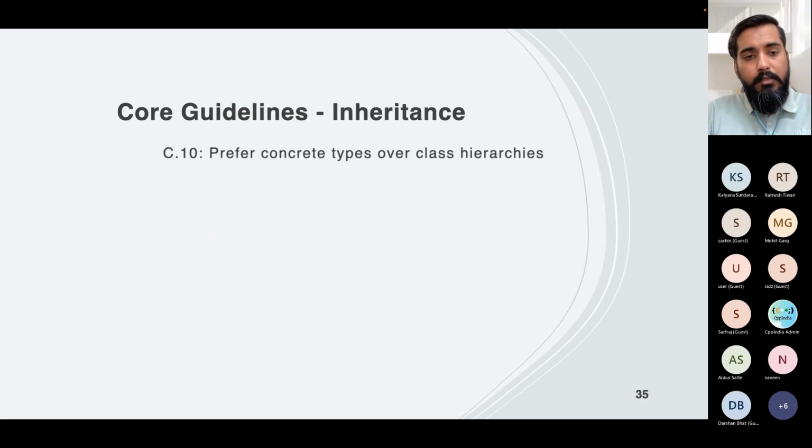For the inheritance category, the first core guideline says to prefer concrete types over inheritance. Concrete types are fundamentally simpler than hierarchies. So if you don't have any strong reason to use inheritance, prefer a concrete one.